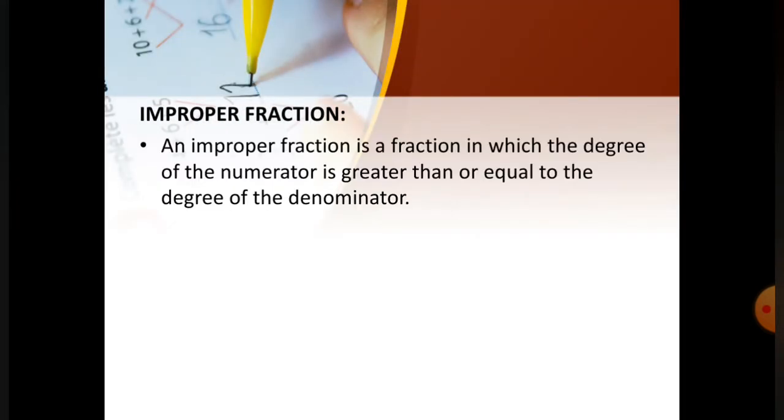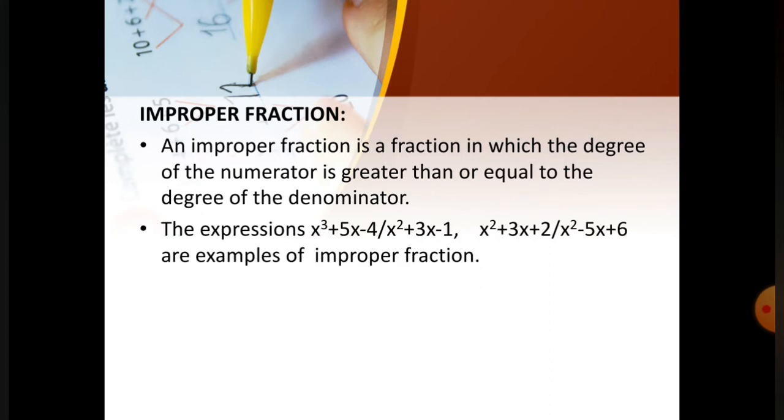Next, improper fraction. An improper fraction is a fraction in which the degree of the numerator is greater than or equal to the degree of the denominator. The expressions x cube plus 5x minus 4 by x square plus 3x minus 1, and x square plus 3x plus 2 by x square minus 5x plus 6 are examples of improper fraction.